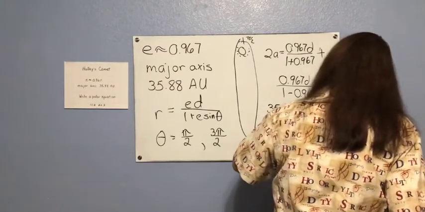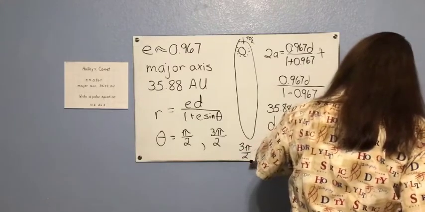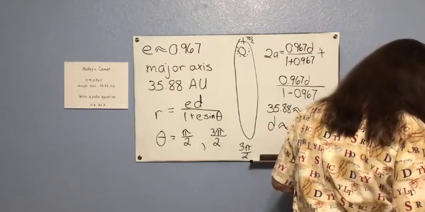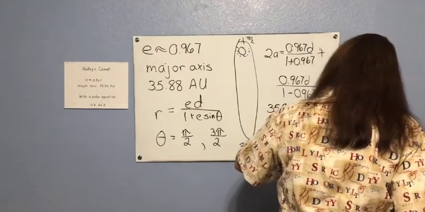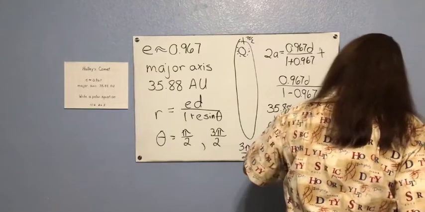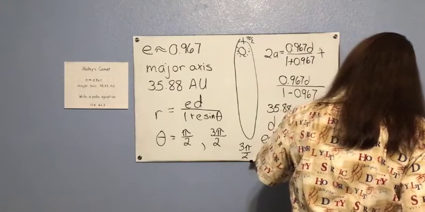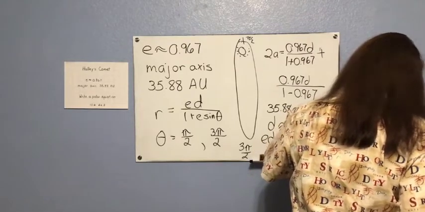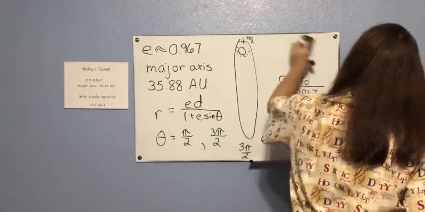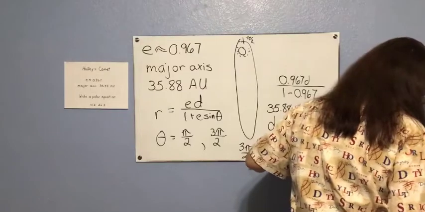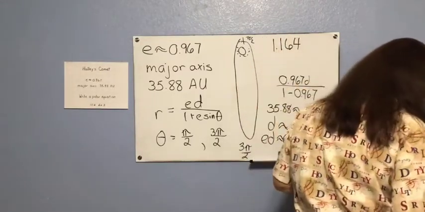So d is approximately 1.204, and ed is approximately 0.967 times 1.204, which gives us a final answer of 1.164.